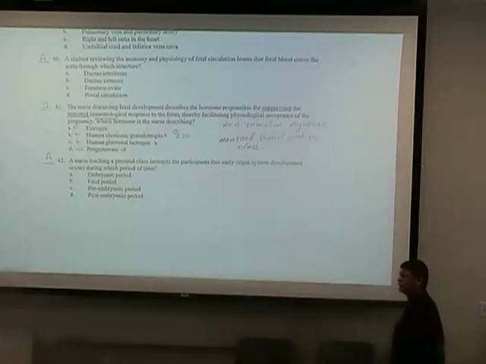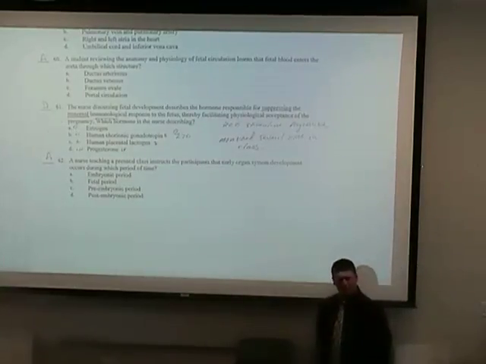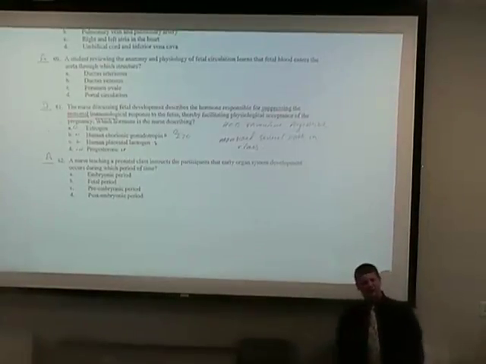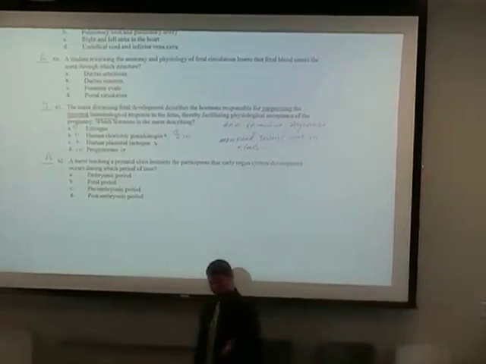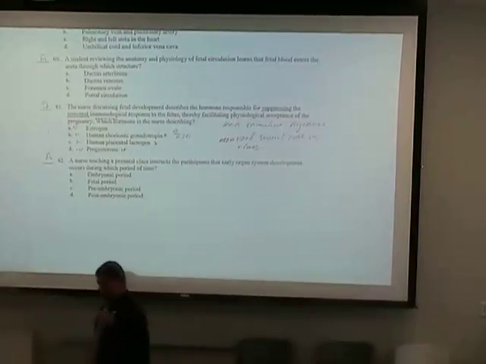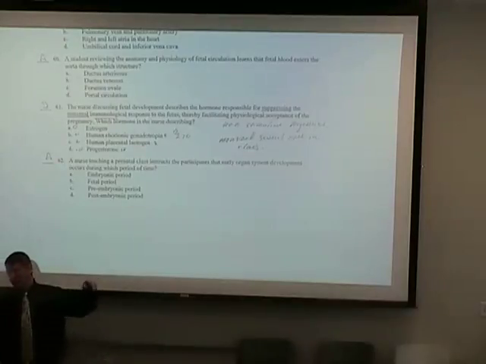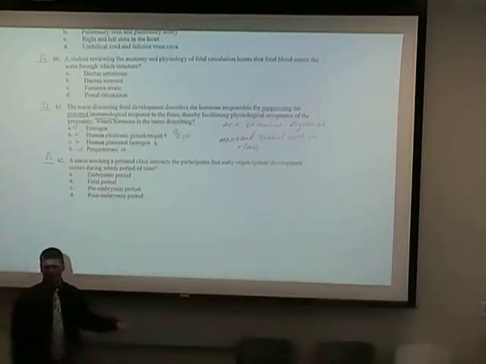Because it tells you you're pregnant. It doesn't suppress anything. Human chorionic gonadotropin stimulates the production of progesterone, but it doesn't suppress the immunologic response. It causes progesterone to do it. Human chorionic gonadotropin is the manager. Progesterone is the worker who actually does it.